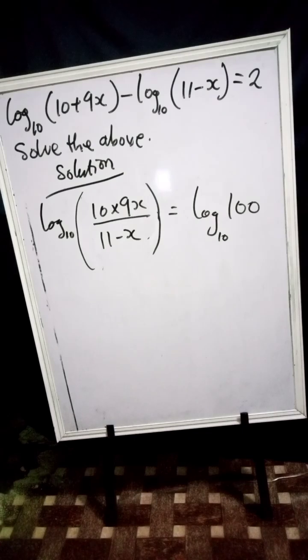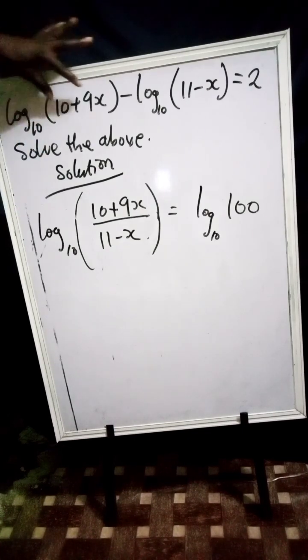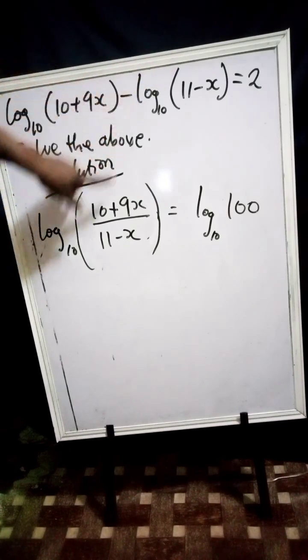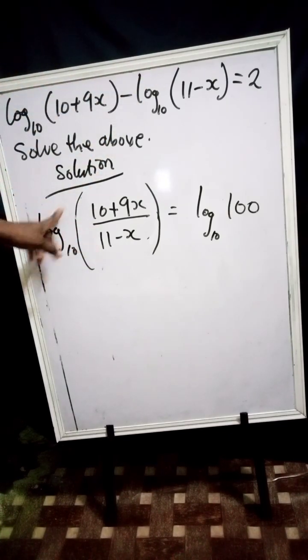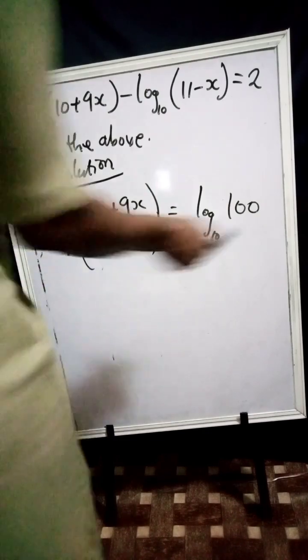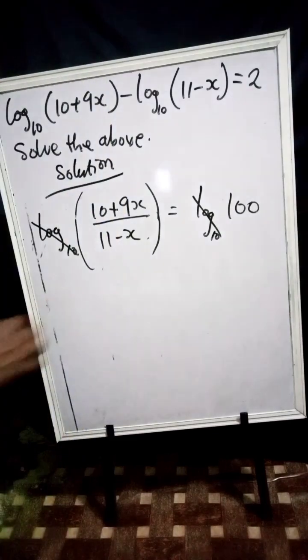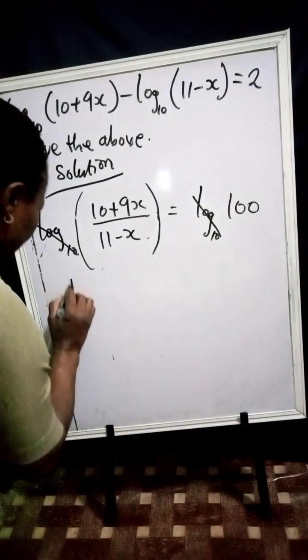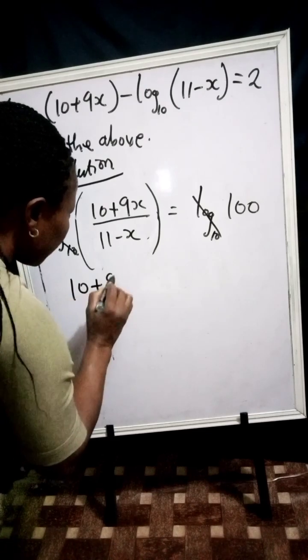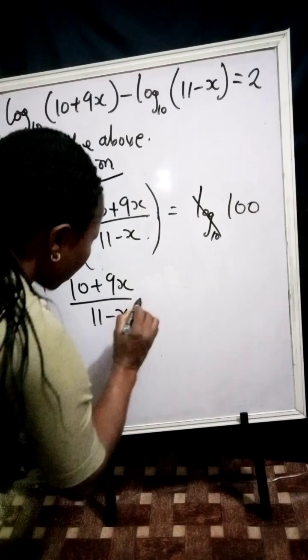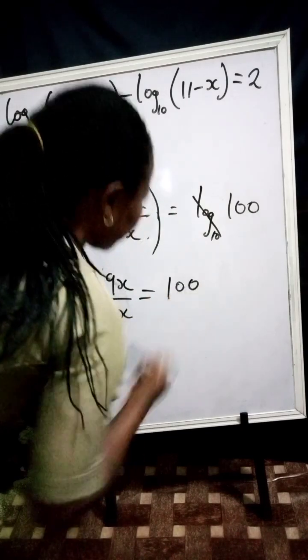By applying the first rule of logarithm, we have that this will be this over this, because this negative here will turn to division. In that case now, the logs will drop as they will cancel each other, such that we equate the two arguments, where we have that this over this will be equal to what? 100.